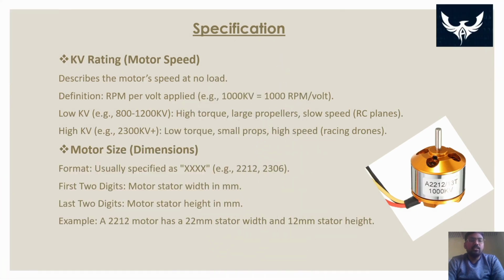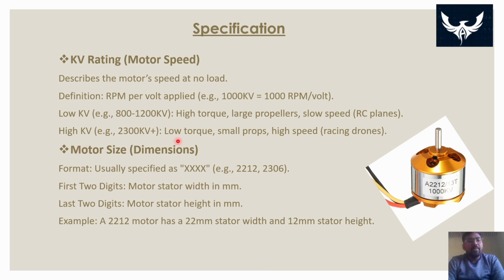So let's see the KV rating, or motor speed. It describes the motor speed at no load. Its definition is RPM per volt applied. Low KV has high torque, large propellers, low speed, and is used mostly for RC planes.